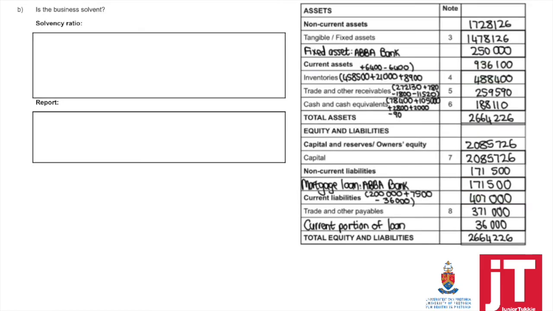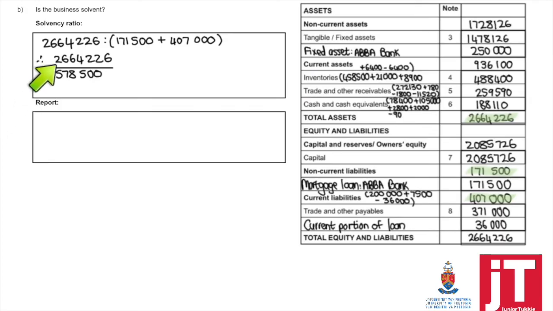Right, is the business solvent? So when we're looking at these questions, we're looking at the solvency ratio. Does our total assets exceed our total liabilities? That means we need to take total assets. Total liabilities means non-current plus current, so you need to add that together. So take total assets divided by total liabilities.